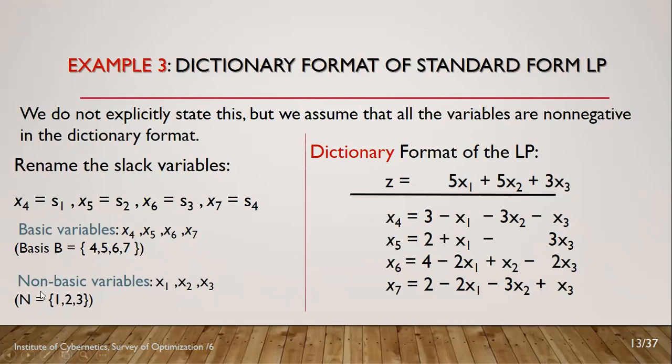And the indices which correspond to this set of the variables are 1, 2, and 3. So obviously the number of basic variables is the same as the number of constraints in our LP. And the number of non-basic variables equals the number of variables in the original LP and the number of variables in the Z function in our objective.